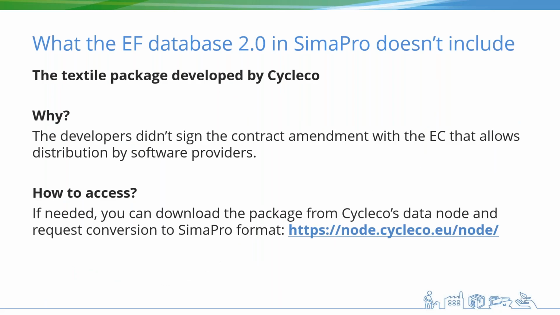What does the EF database not include that one could expect it would include? It is the data sets that were included in the, let's say, textile batch of data sets purchased by the European Commission. These were developed by Cicleco. And since Cicleco didn't sign the contract amendment with the European Commission that allows distribution by software providers, they must still go through the original route, which is to download it from the node of Cicleco.